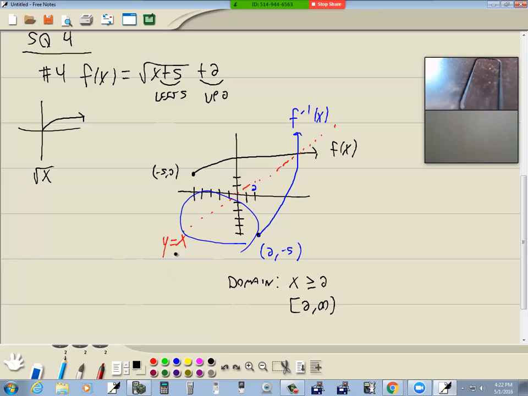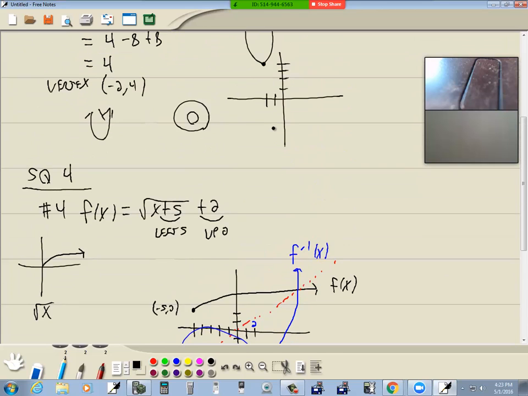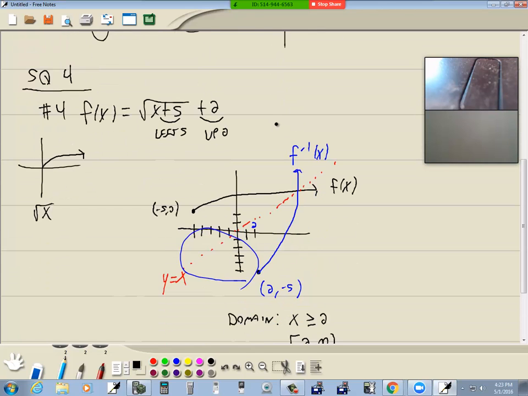To figure out the domain of your inverse, usually the graph is the easiest way. Now, I probably should have showed number 5 first, then that would have made more sense. But do you have any other questions on that one?